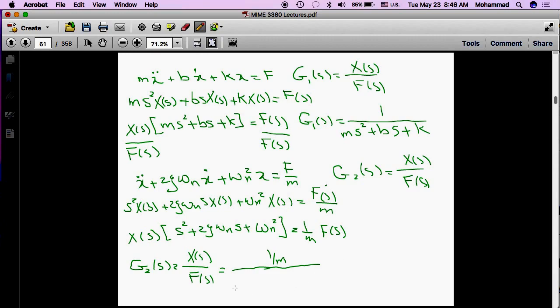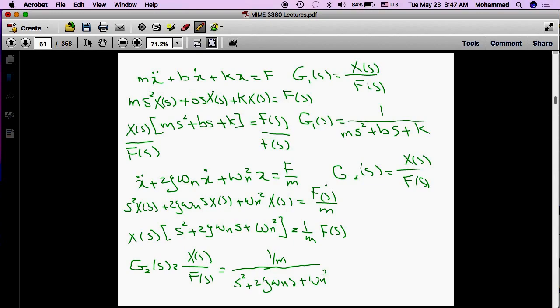So if that is the case, then the denominator becomes s to power 2 plus 2 zeta omega n s plus omega n squared. Can you see that? Again, the denominator of the transfer function looks exactly like the left-hand side of the differential equation.